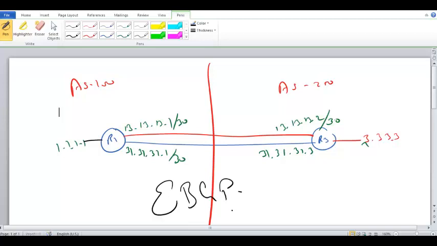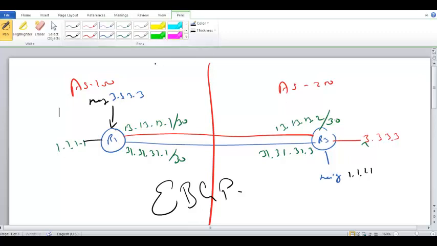In an EBGP environment, if you say in router 1 my neighbor is 3.3.3.3, and in here you say neighbor is 1.1.1.1, the neighborship won't come.